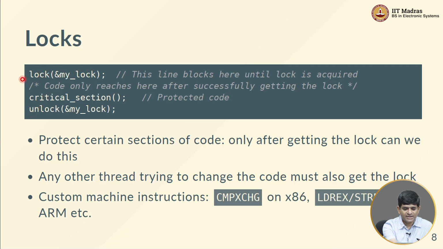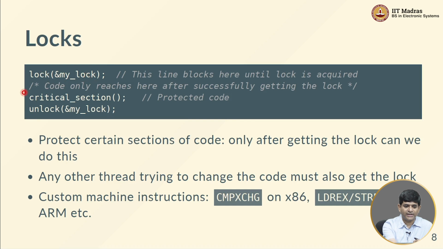So what that means is whenever I get past this particular line, as you can see from this comment, the code only reaches here after successfully getting the lock. I can only reach this point after I have passed through this statement, which means that at that point my lock no longer has a value that others will be able to capture.